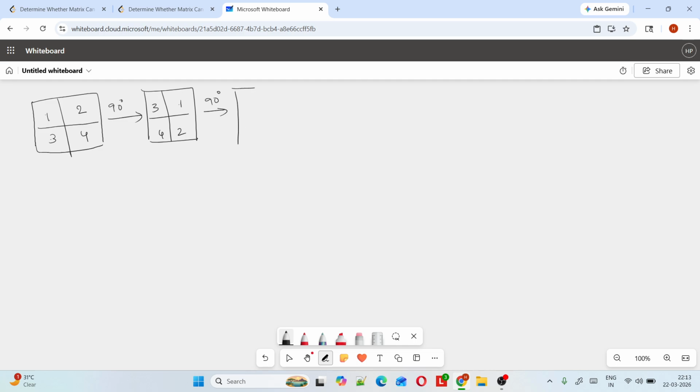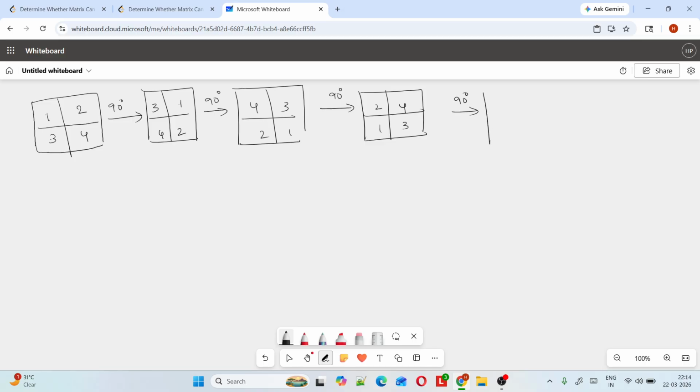If you rotate this again by 90, that looks like 4, 3, 2, 1. Again by 90 degrees, so 2, 4, 1, 3. Rotate again this by 90, 1, 2, 3, 4.